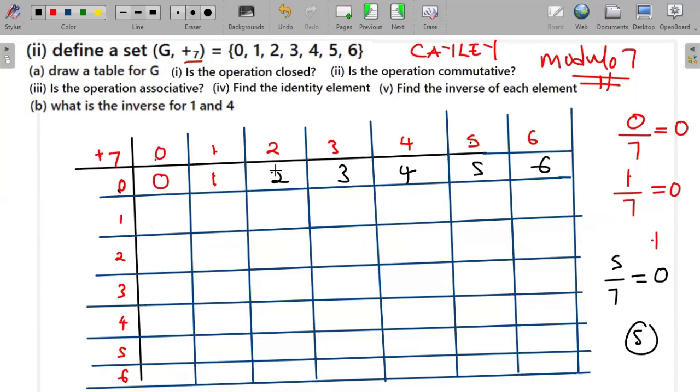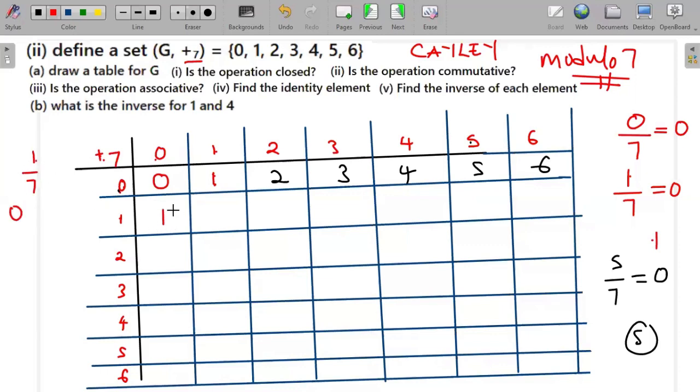So now let's see what is going to happen in the second row there. 1 plus 0 is going to give me 1. 1 is less than 7, so we can just write it as 1. Or if you want, you can say 1 plus 0 is 1, divided by 7 it will be 0, remainder 1.